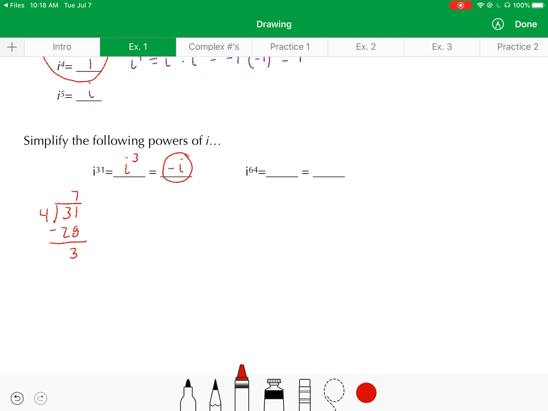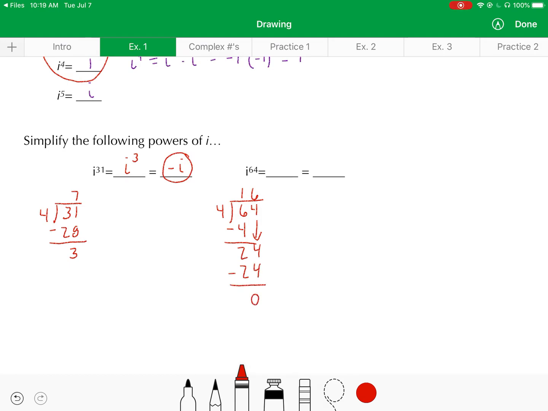How about i to the 64th? Take 64 and divide that by 4. So first of all, 4 goes into 6 one time. Bring that 4 down. 4 goes into 24 6 times with no remainder.